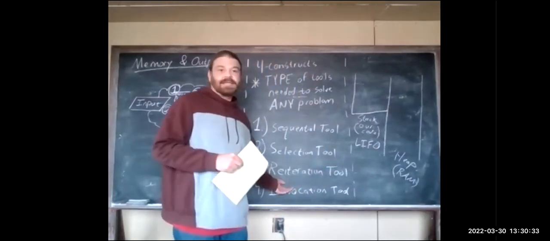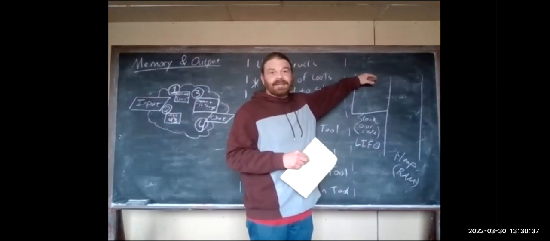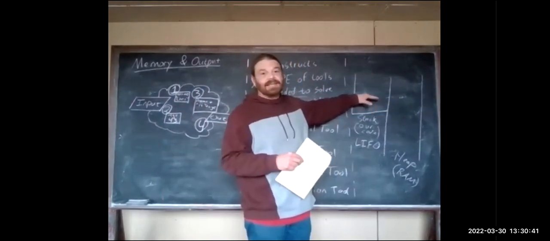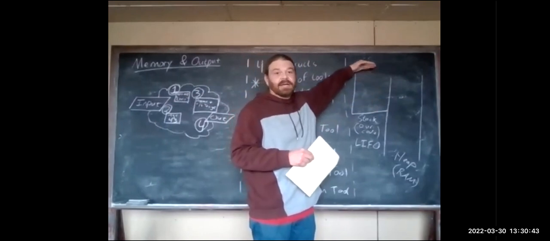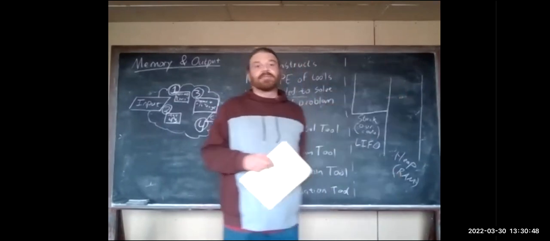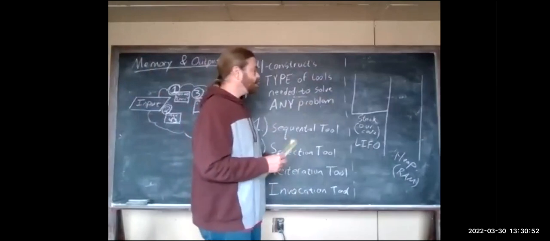And then the computer reads those in bottom to top, so it'll read the last line, the second from last line, and so on until it gets up to the first line. So the first instruction we wrote is at the top of the stack, so that's the first instruction to run. That's where our sequence comes from in tools.